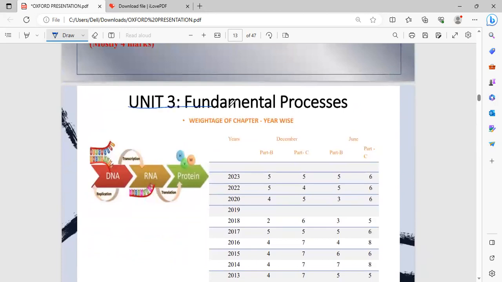Coming to the third chapter, fundamental processes. First of all, what are the fundamental processes? We know very well, that is DNA replication, then transcription, translation, and one more thing comes under fundamental processes, that is DNA repair mechanisms. These are the main topics we have to read under fundamental processes.